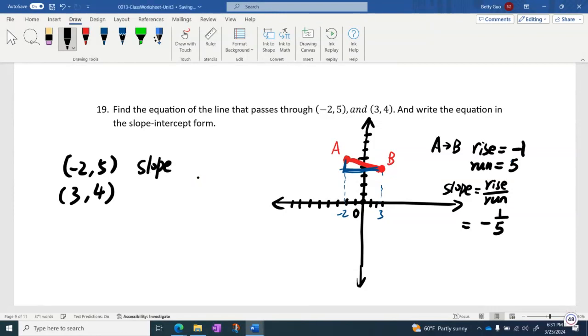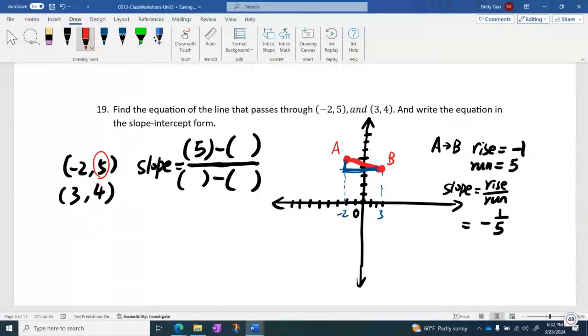And slope equals change in y over change in x. So we're going to have, remember, parentheses minus parentheses, all over parentheses minus parentheses. In the numerator, we are going to put this in the first parentheses and then put this in the second parentheses.